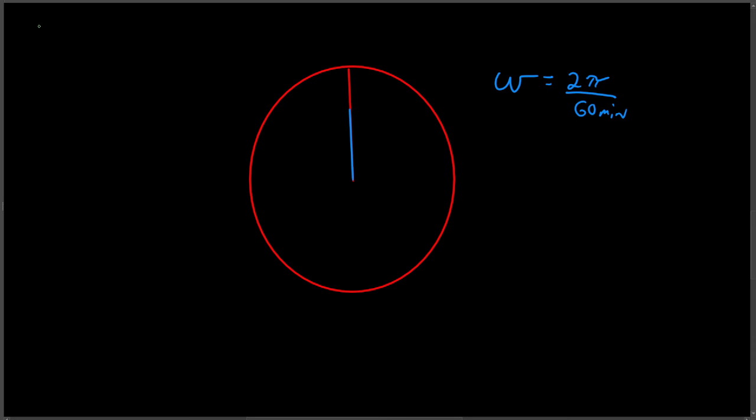While the angular, let me make this the minute hand. And the angular velocity of the hour hand, I should have color-coded these to match, of the hour hand goes through 2 pi in 12 hours, sorry. The hour hand goes around in 12 hours.